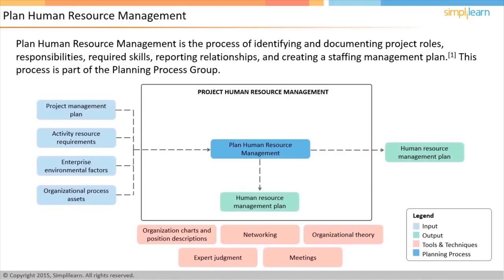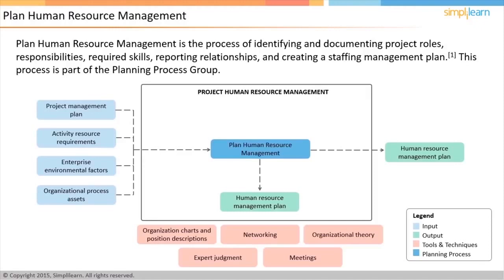This plan contains documents like the Staffing Management Plan, Project Organization Chart, and Roles and Responsibilities Matrix. The Staffing Management Plan is a comprehensive document that describes when and how team members would be added to and released from the project.